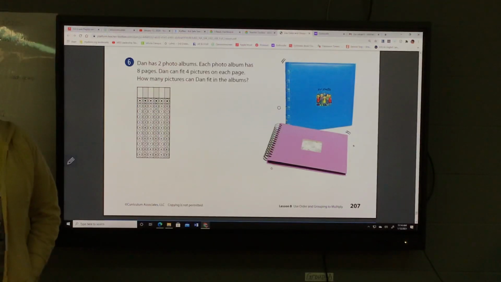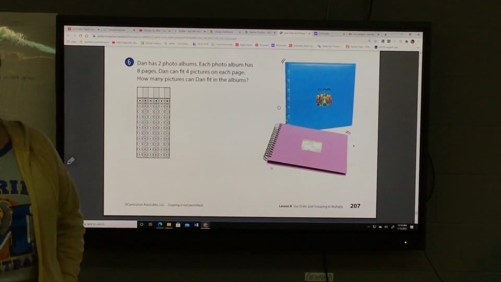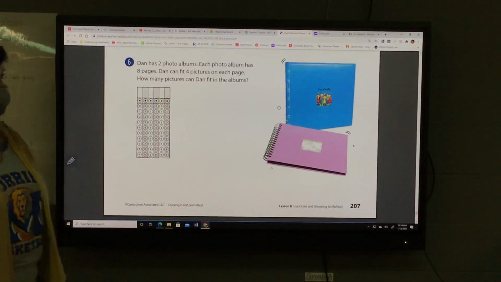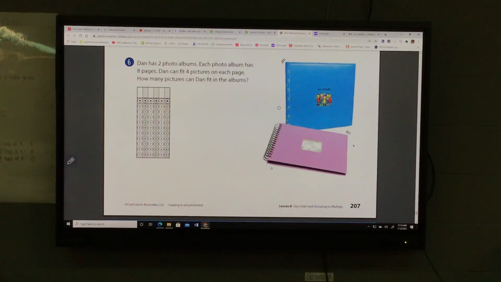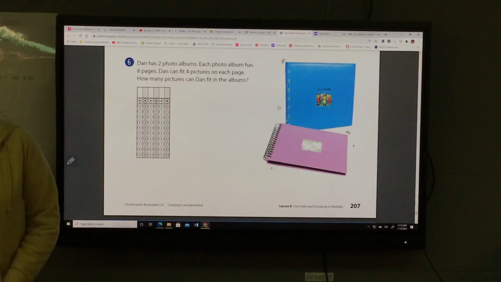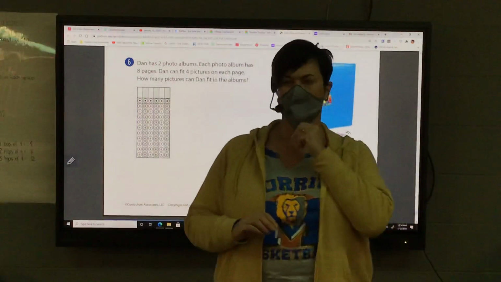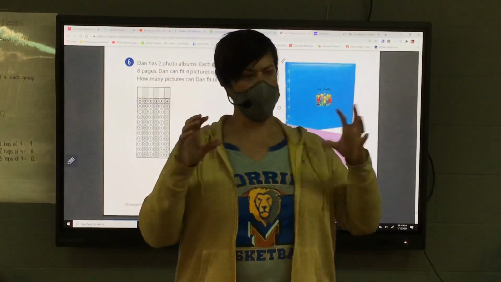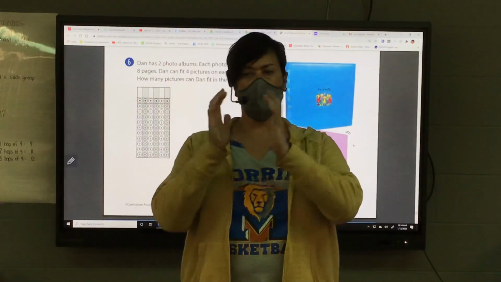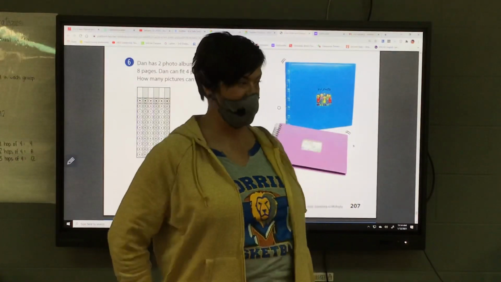Circle what needs to be the factors in this problem. In that word problem, circle what are the factors that we're going to use. Okay, then looking at those numbers, those factors that you just circled from that problem, what's going to be the best way to order them and then group them to make it easier to multiply?